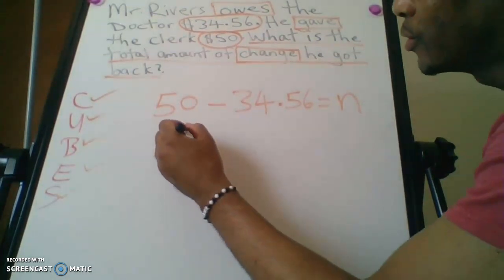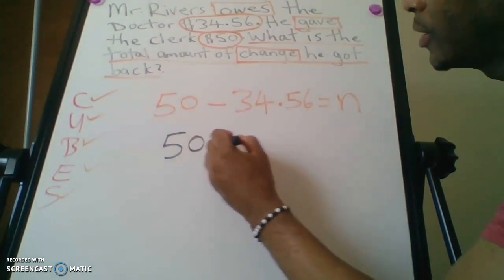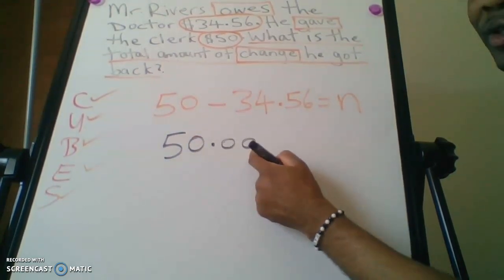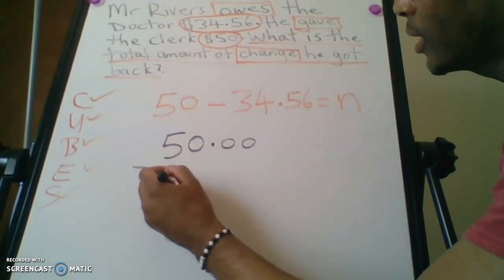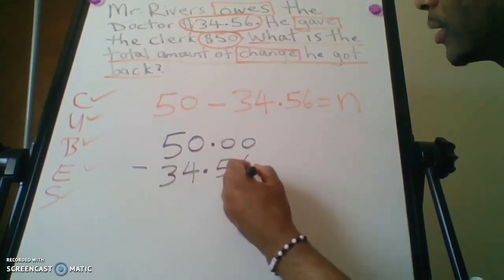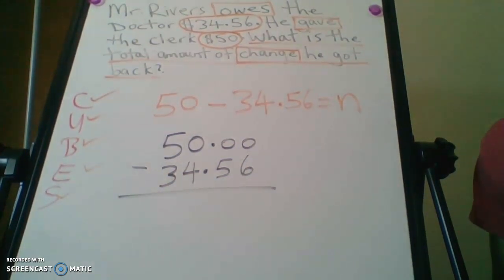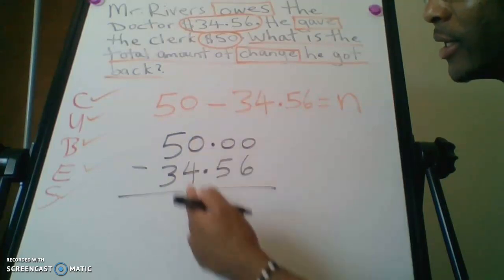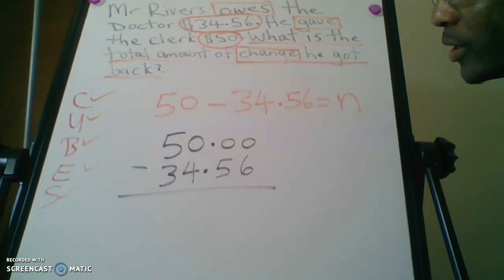I am going to line them up. $50. Notice that I add two zeros for the cents. And I'm going to minus, just like you do your normal subtraction, $34.56. The most important thing in this case is that you have to ensure that you line them up according to the place value, or sometimes we call it the place value chart.